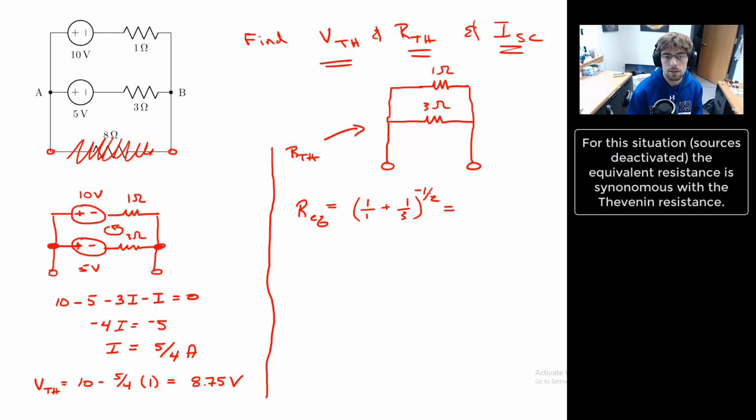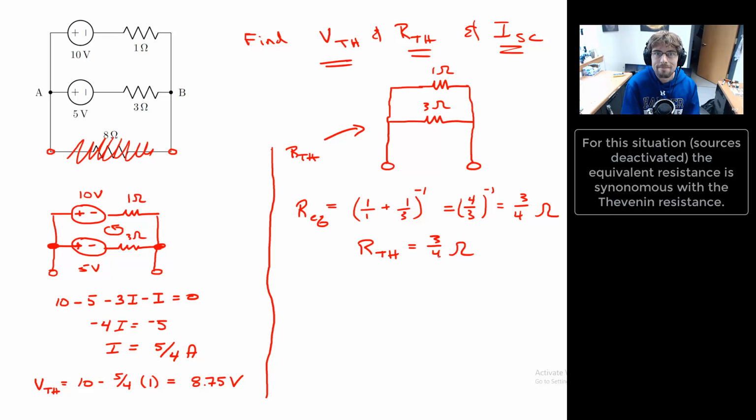Okay, so we get, I don't know why I put a 1/2 there, excuse me. We get 4/3 to the -1, so we get 3/4, 3/4 of an ohm. And so it turns out that in this situation, that is the Thevenin resistance, RTH equals 3/4 of an ohm.